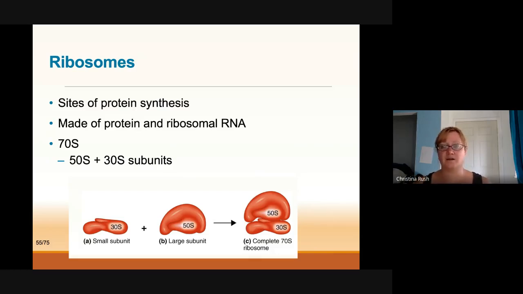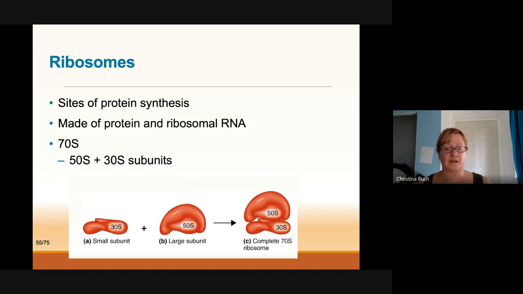Now, I know everybody's still paying attention, and you're all saying, wait a minute, 50 plus 30, that's not 70. And you would be right. That is because the S stands for sedimentation rate. If you were to centrifuge the ribosome as a whole, it's going to sediment out at the number 70.